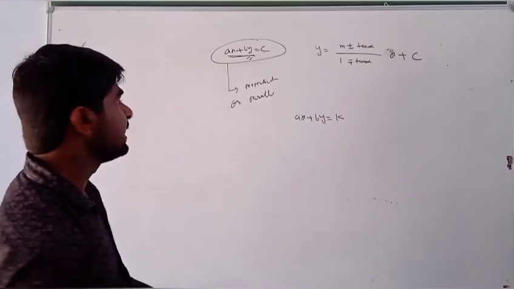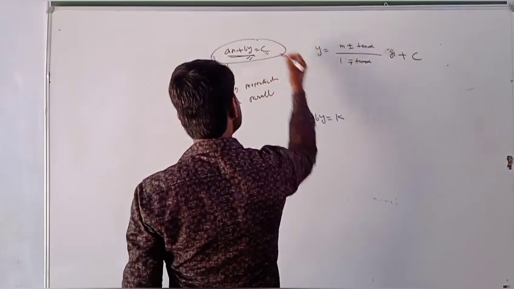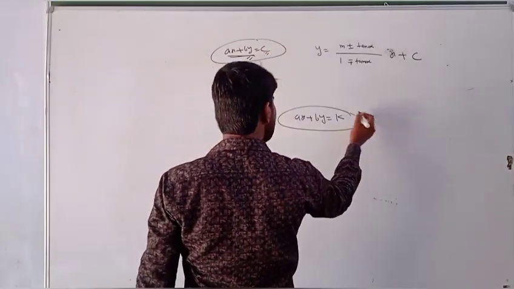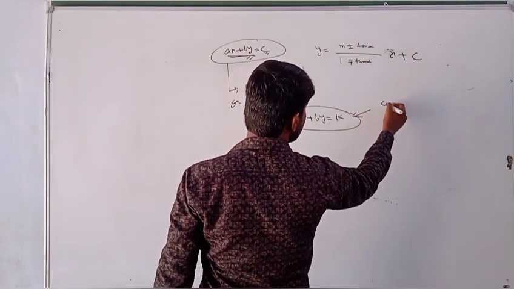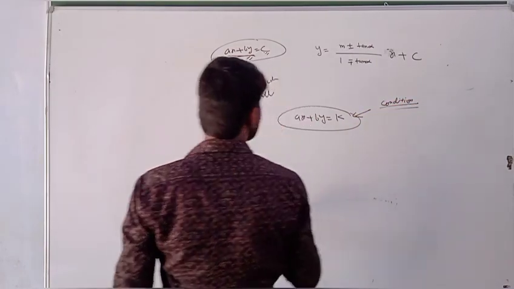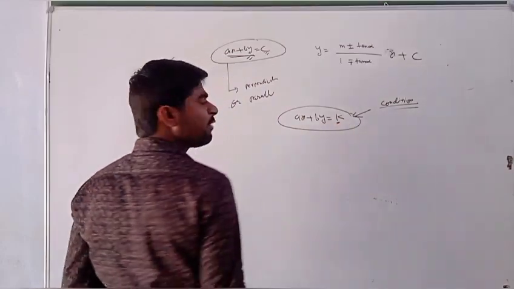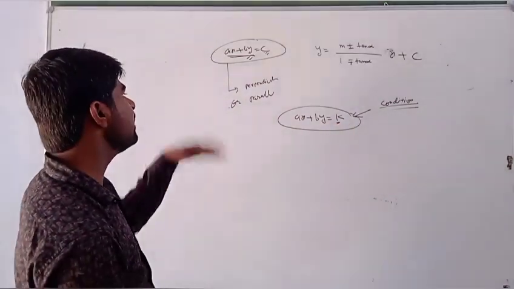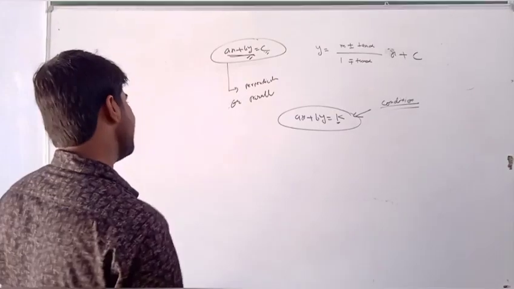Means only the constant part will be changed, and this constant value can be found from the given condition. Some condition should be there from where you can get the value of k, and after putting the value of k you can get the answer.